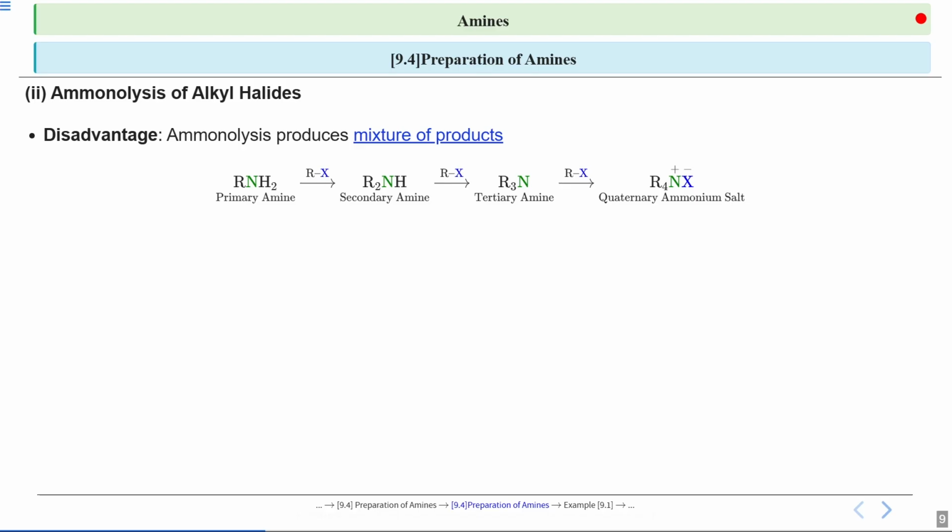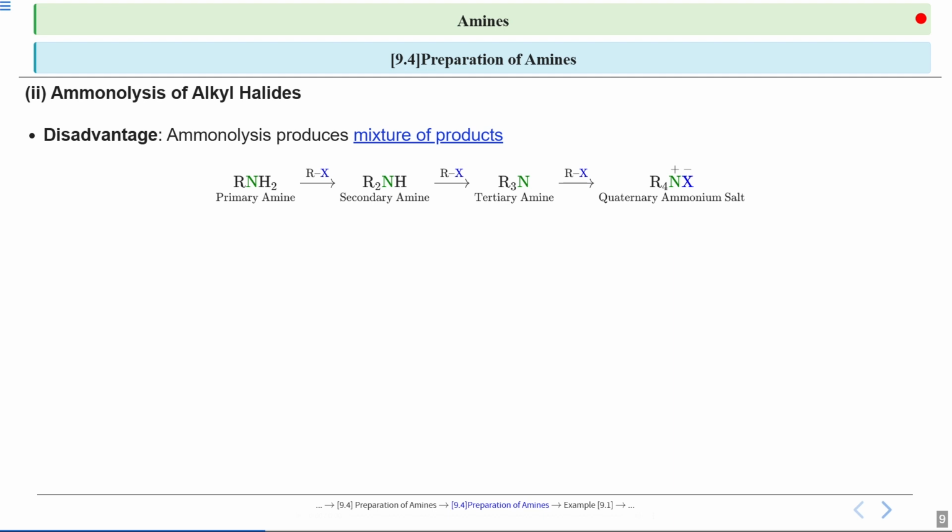When this primary amine reacts with an alkyl halide, it gives us a secondary amine. When this secondary amine reacts with another alkyl halide, it gives us a tertiary amine. And finally, this tertiary amine reacts with another molecule of alkyl halide and gives us a quaternary ammonium salt.